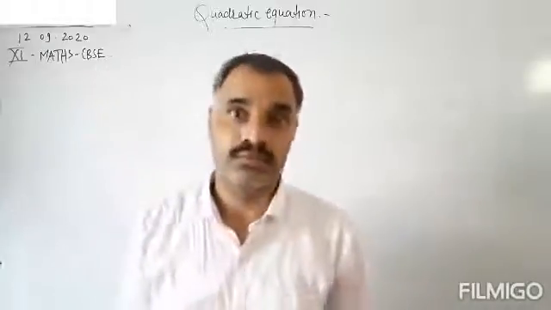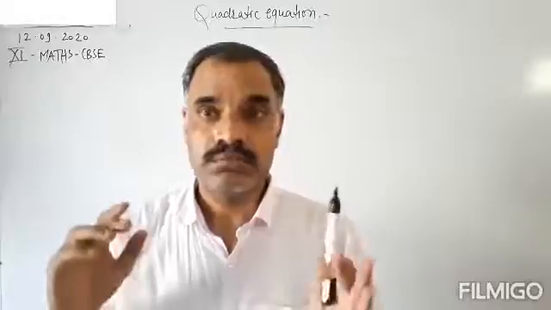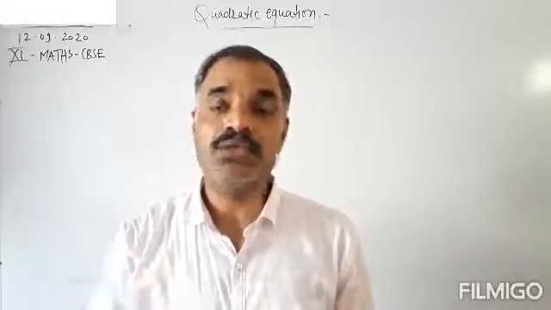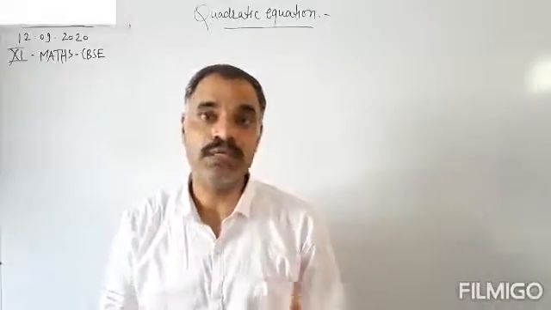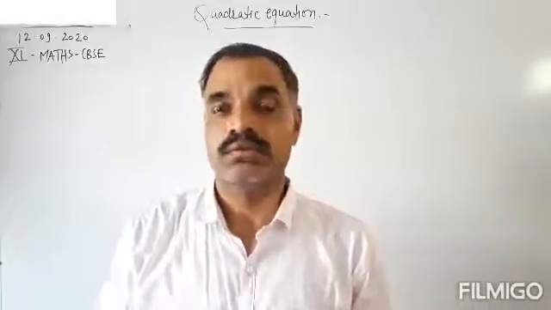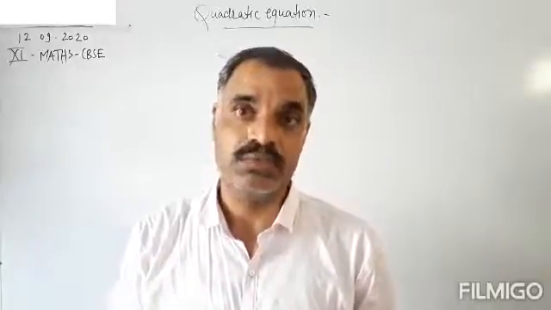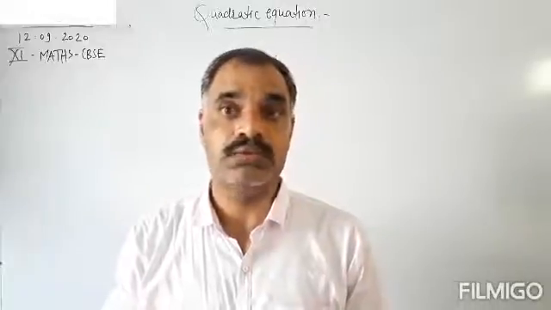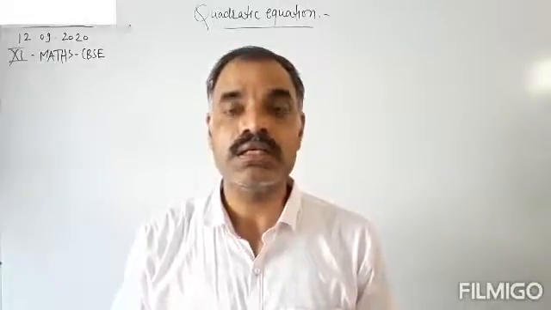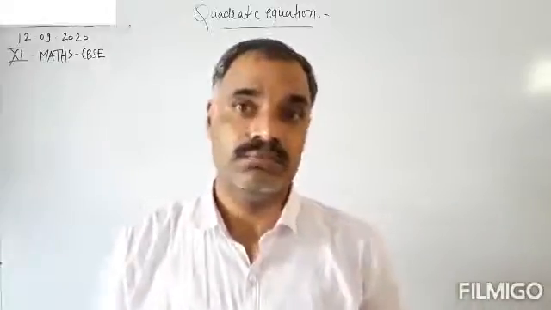In class 10 we have learned that the discriminant D equals b square minus 4ac. If the value of D is greater than 0, then the roots of the quadratic equation are real.